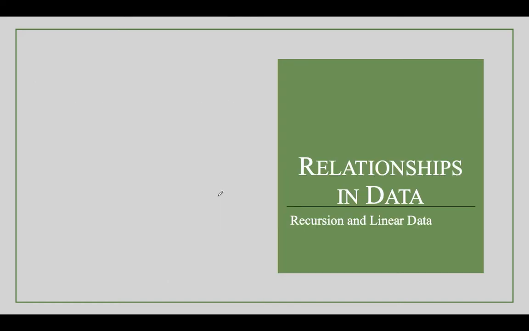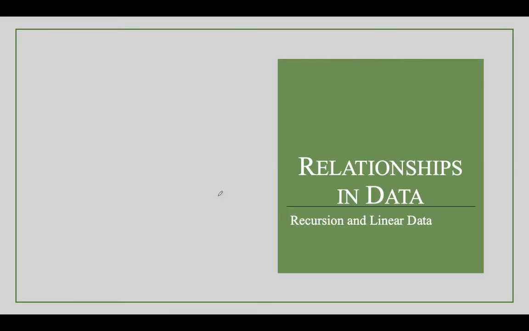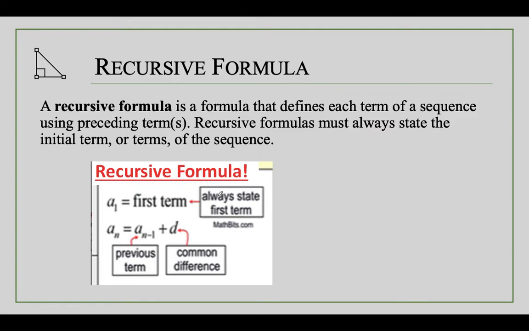Okay, so we're actually going to move into recursion and linear data. So let's talk about what a recursive formula is, because this is just a part of this section on relationships and data. So we just looked at causation, correlation, we've seen lines of best fit, in terms of positive, negative, linear, nonlinear, etc. So now we're talking about recursive formulas. A recursive formula is a formula that defines each term of a sequence using preceding terms.